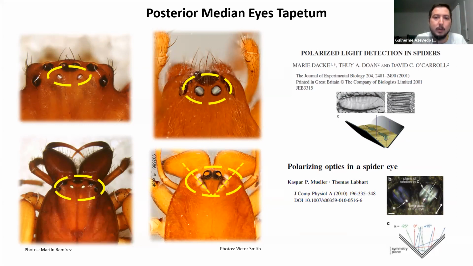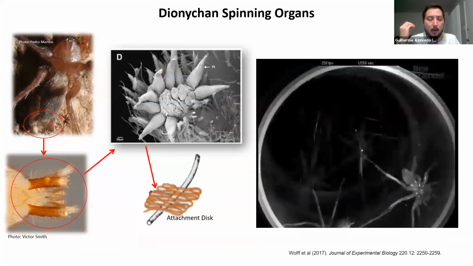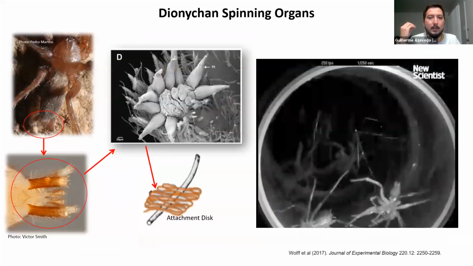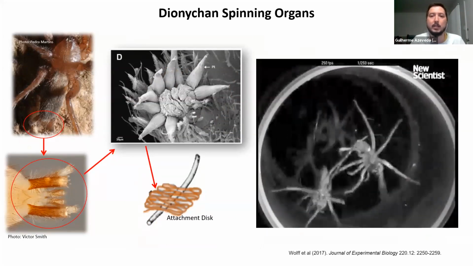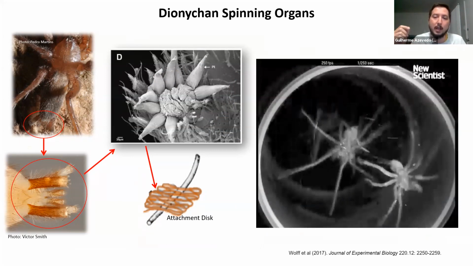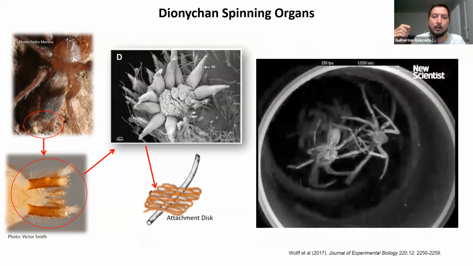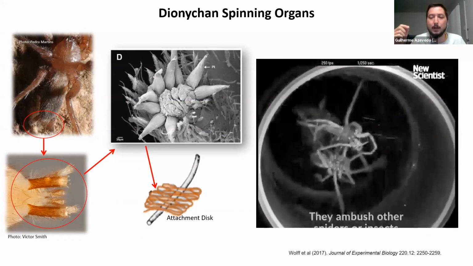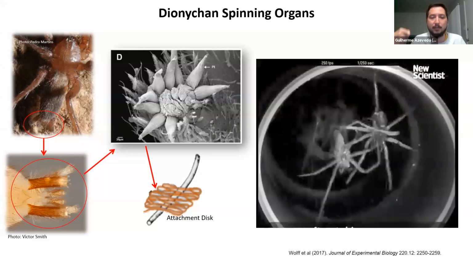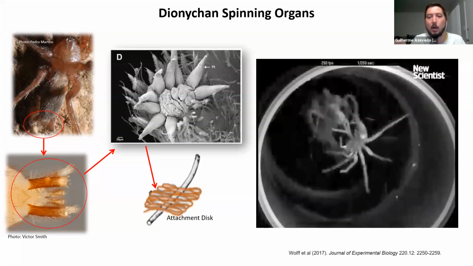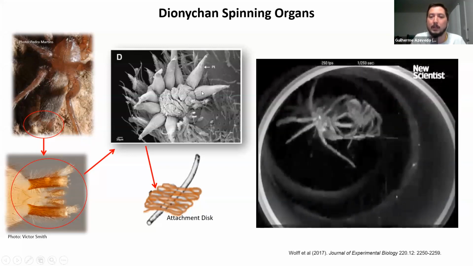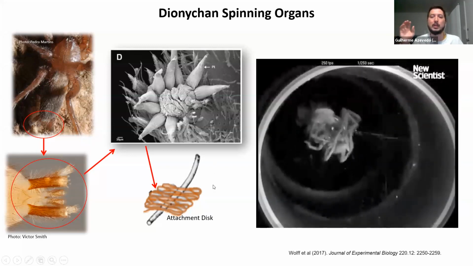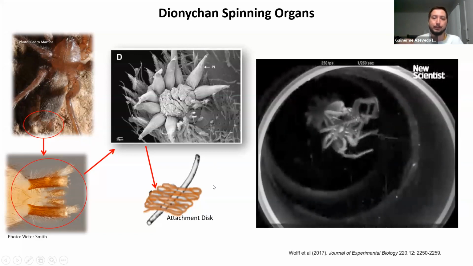We also have other features. Although the Dionycha do not build webs, they have a very impressive variation in the spinning organs. One impressive case is the Gnaphosids. They have this enlarged piriform gland spigot that they use to attach the prey to the ground.